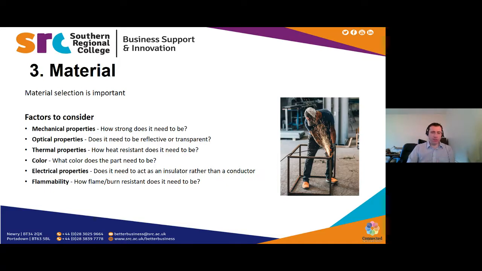Yeah. It's not just as easy as that. And if you're using polymers, it may be more expensive to buy a certain material as opposed to another one. So it's important to talk about this so everyone understands the implications of these factors to consider.